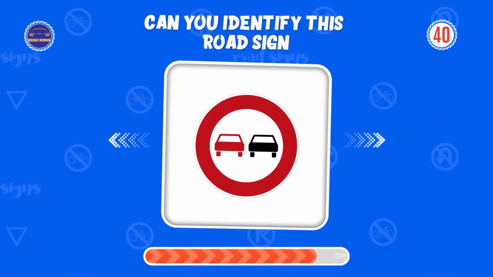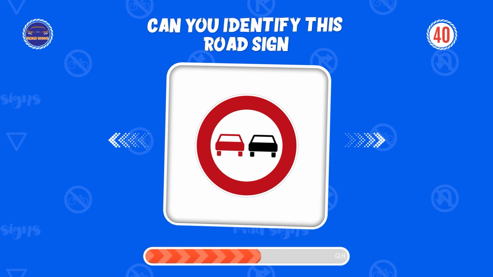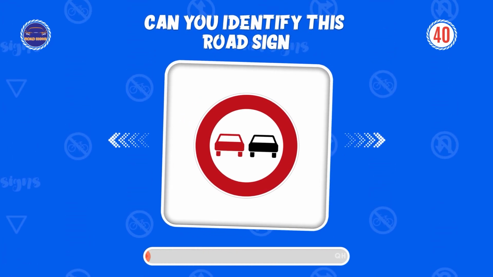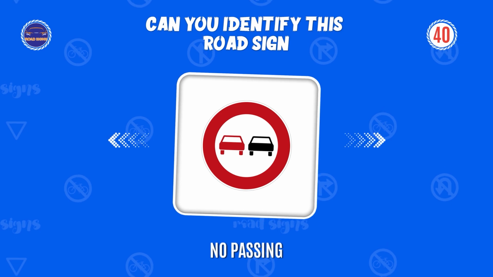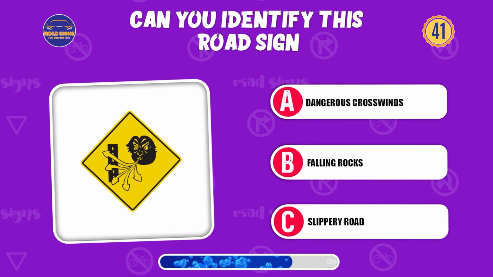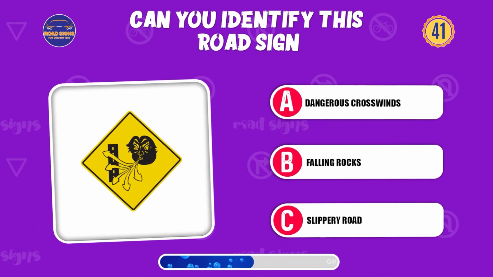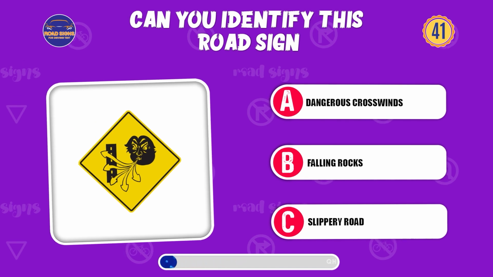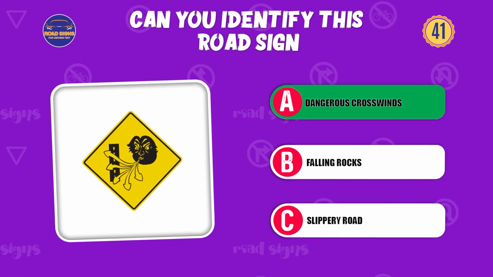What does this sign enforce about passing? No passing. What environmental condition does this sign warn about? Dangerous crosswinds.